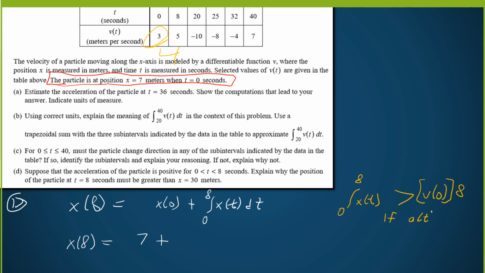Why times 8? Because that's our change in time. Our dt here is from 0 to 8. So you could say I'm doing a Riemann sum.